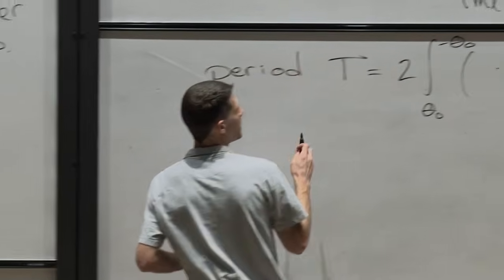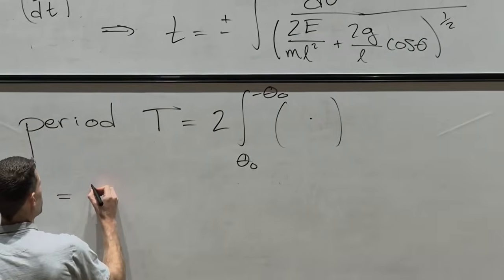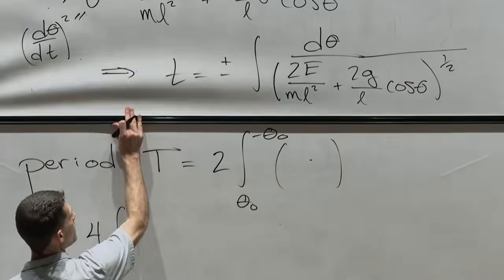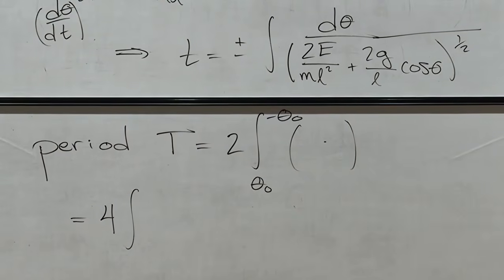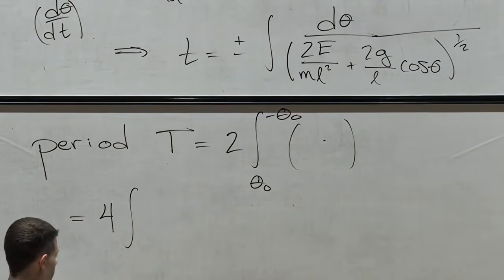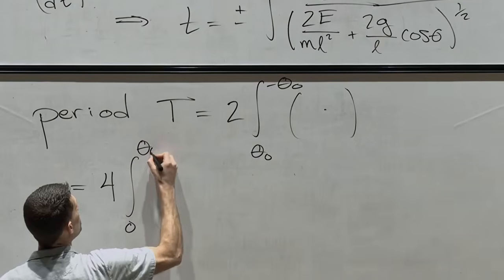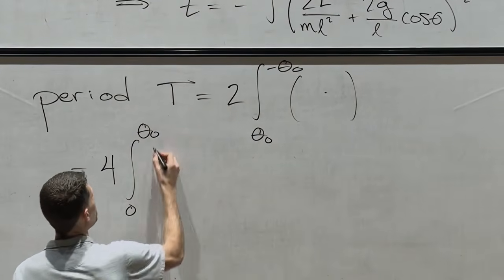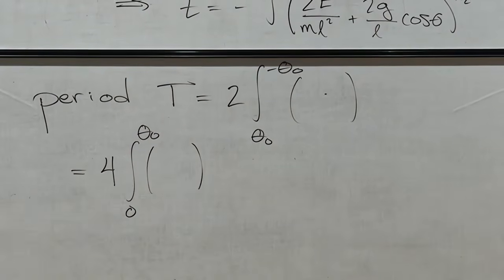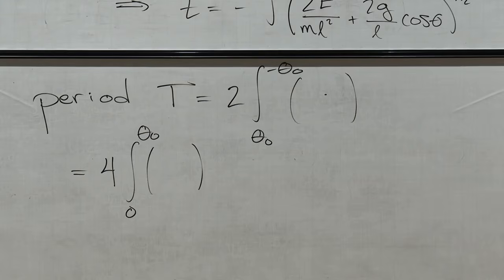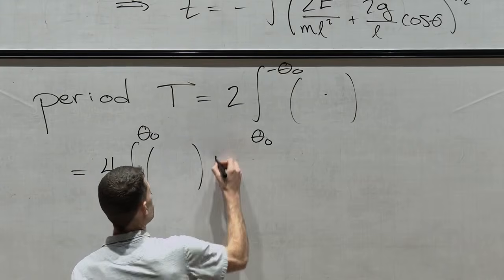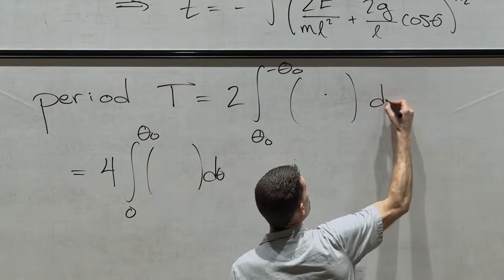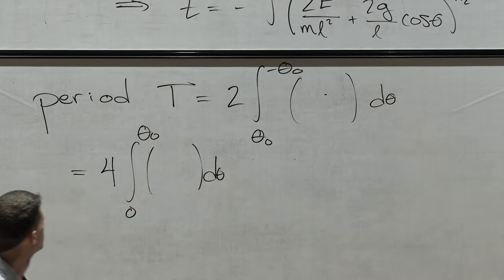So that's the same as 4 times the integral from theta naught to 0, or 0 to theta naught, of this ugly integral, and the d theta there.